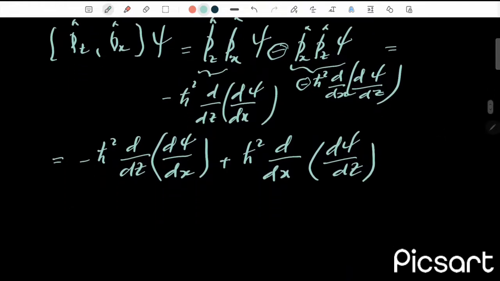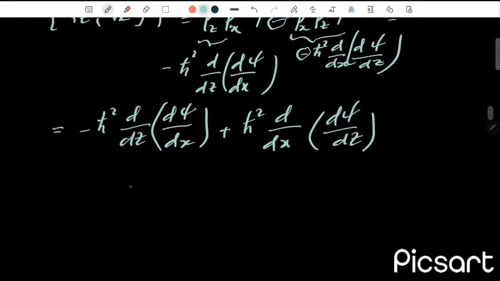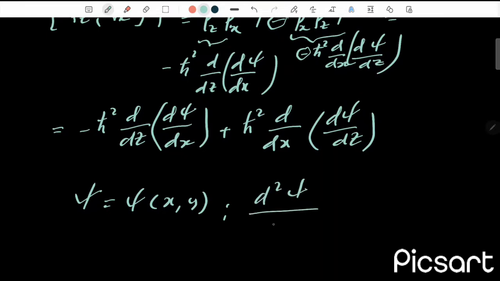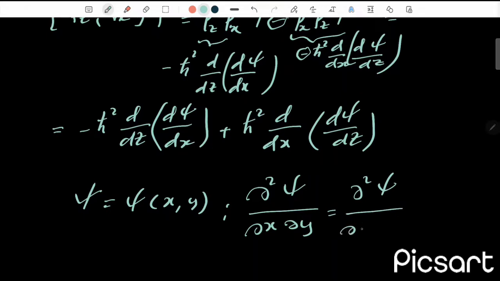But we know that if we have a function psi which is equal to psi of x and y, then the second derivative of psi is equal to the second derivative taken in the other order, where the order in which we take the derivative doesn't matter.